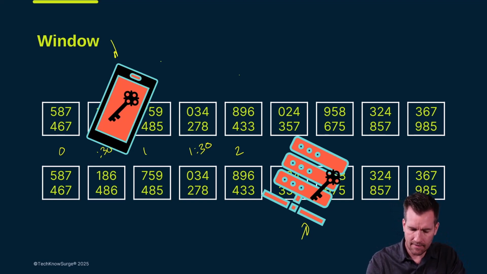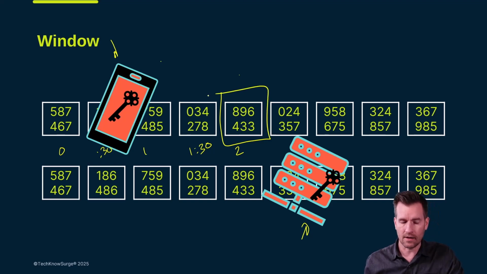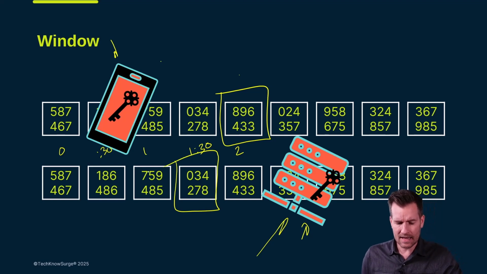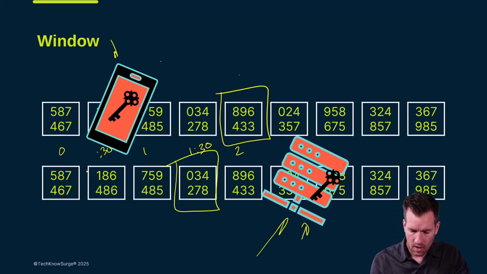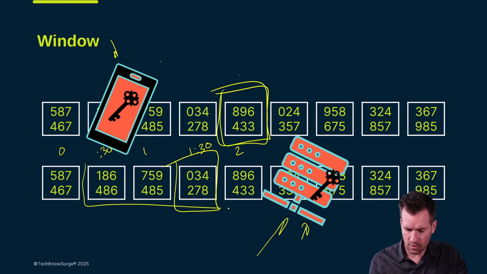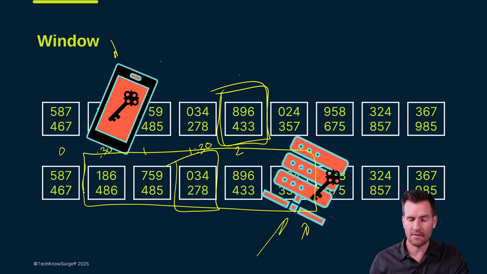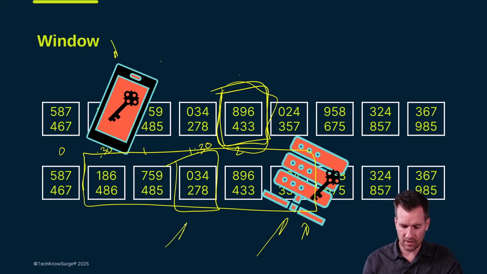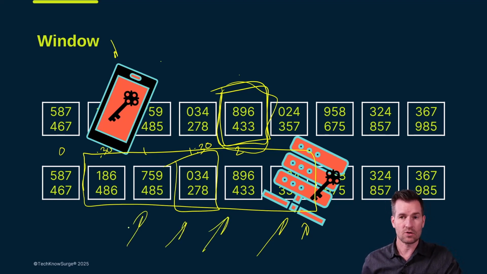Well, let's say the phone is at this 2-minute mark right here, but the server right here is at 1:30, and there's going to be a lookup window. So whatever you type in here, that server is going to compare to plus or minus a certain amount of time. And as long as your code lines up with the plus or minus of whatever the server is set up to look in, then you should be good to go.